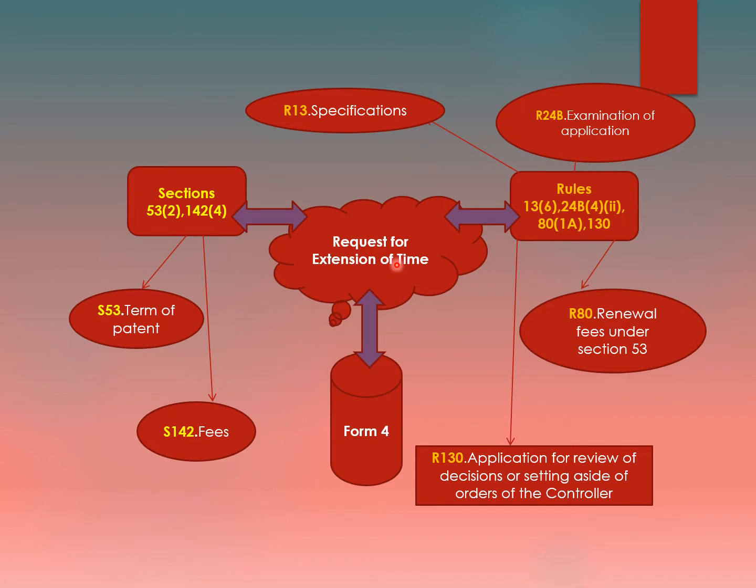Similarly, for the rules part, we can see rule 13, that is specifications, rule 24B, that is examination of application, rule 80, that is renewal fees under section 53, and rule 130, that is application for review of decisions or setting aside of orders of the controller.